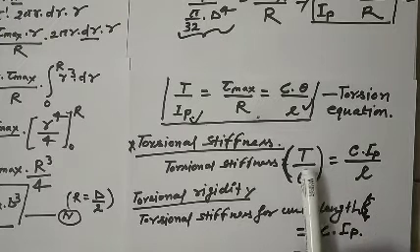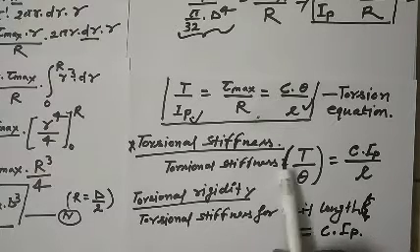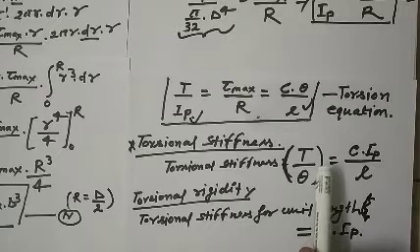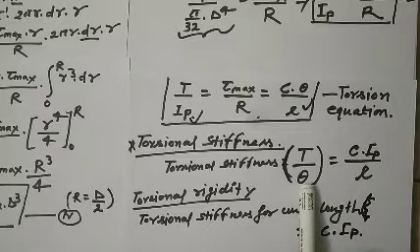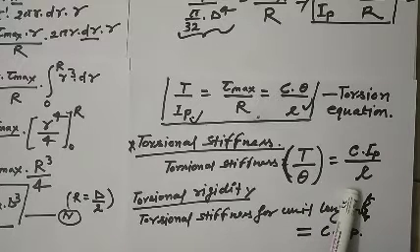Here, for torsional stiffness, the unit will be Newton meter per radian.